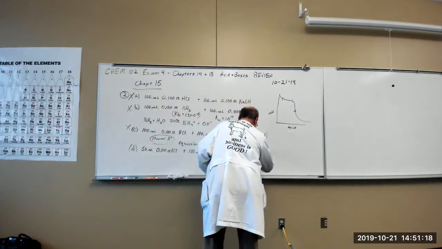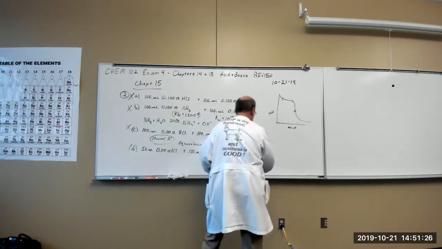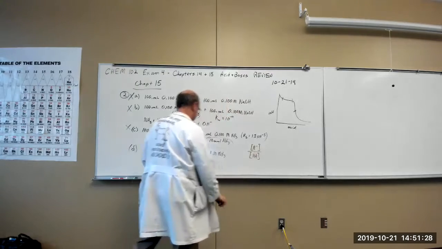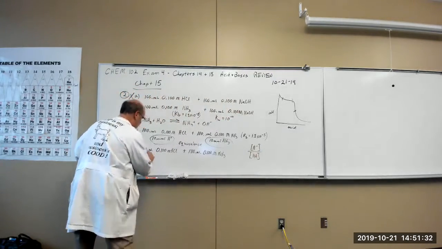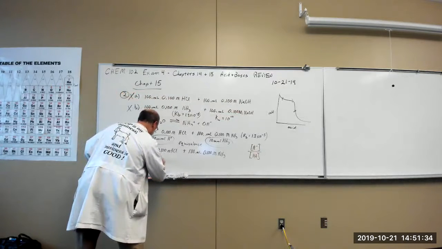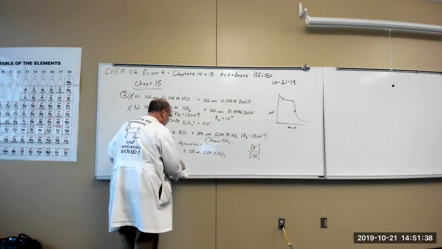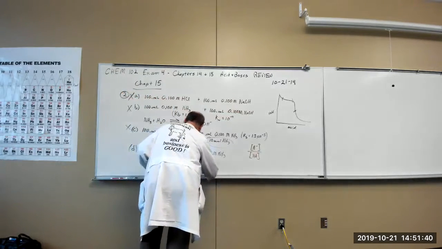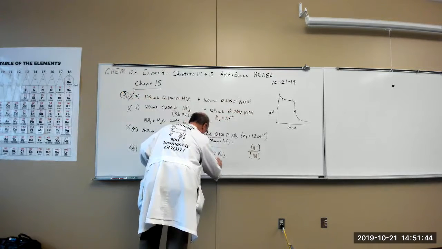We need to know the ratio of the conjugate base to the acid. Right, so for this one, we have 5 millimoles of HCl, and this one we have 10 millimoles of NH3.